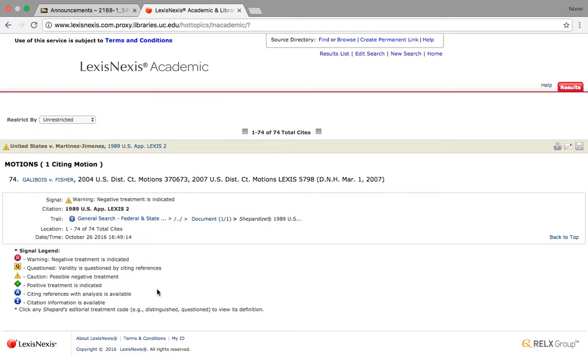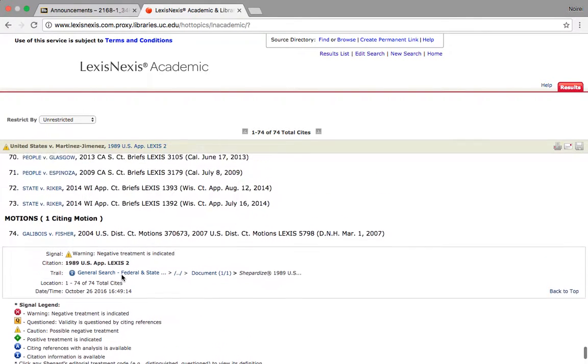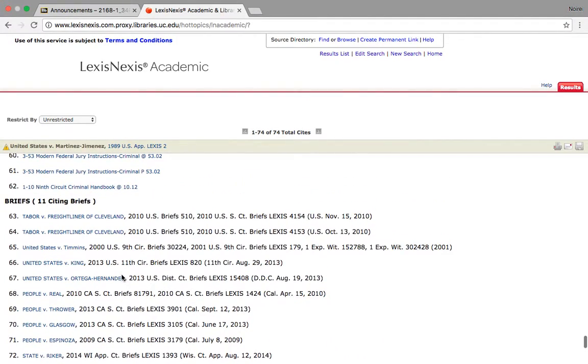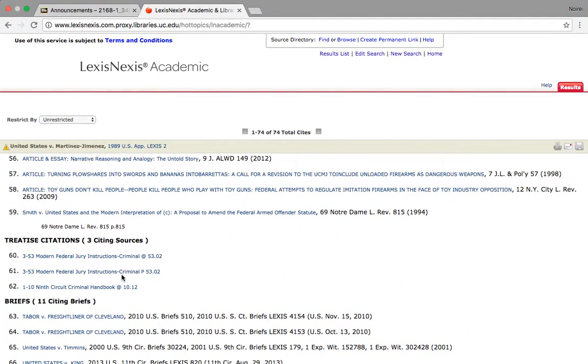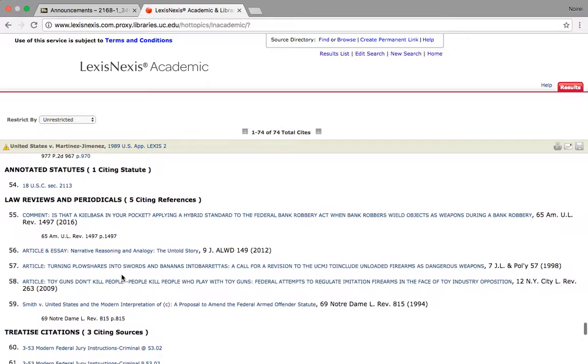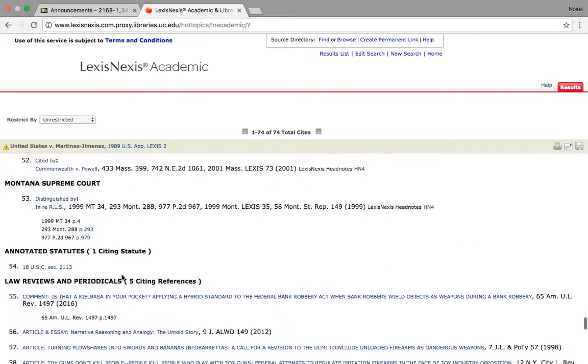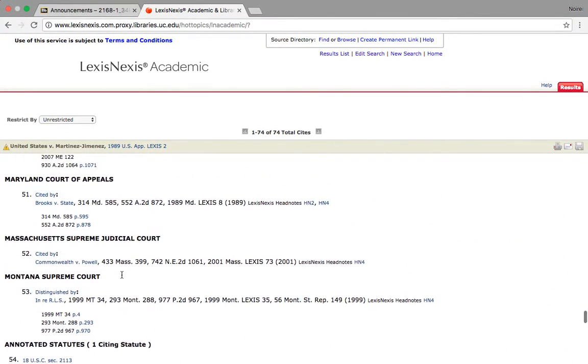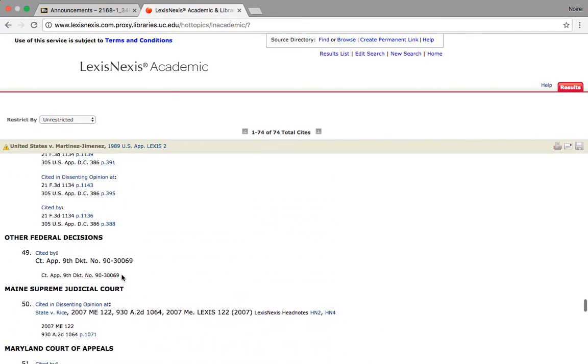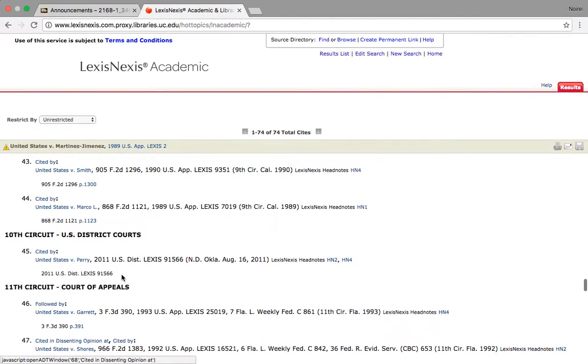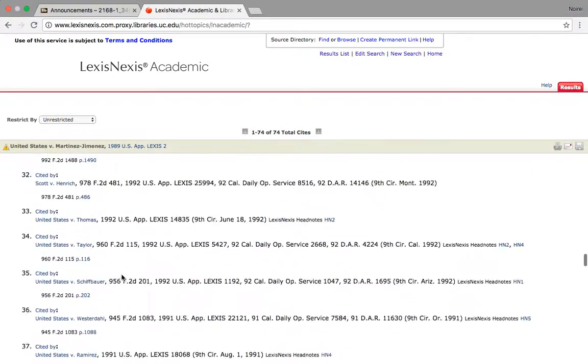Once again, this is the legend. So that triangle, the yellow triangle, indicated for us that there was possible negative treatment in this case. And we see all of the places where it's been cited. So you can get some really great information here.